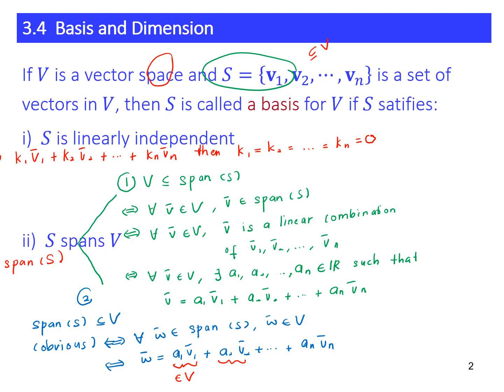The same goes for the other scalar multiplications. And therefore the whole summation stays in V from the first axiom, since V is closed under the addition operation. So this is how we define a basis for a vector space V.